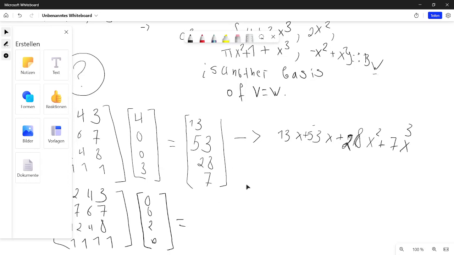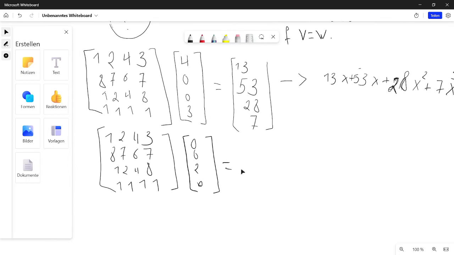What would that give? Of course, just the third column multiplied by 2. That is 8, 12, 8, 2. Most easy computations are most difficult for mathematicians. So I check another time.